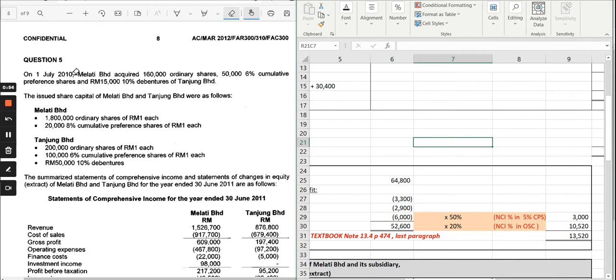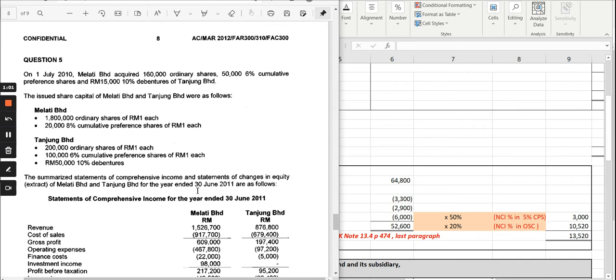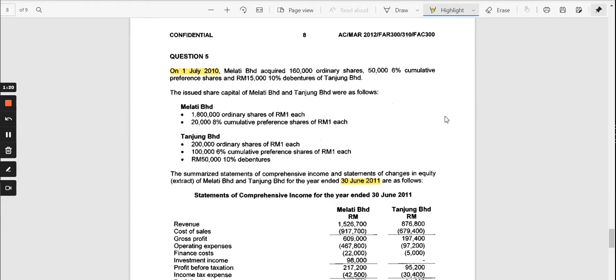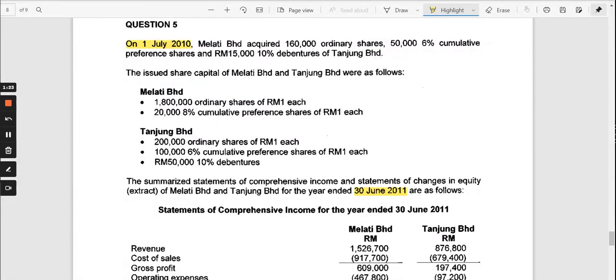So for today, we're going to look at the situation where the year end is, as you can see here, 30th of June 2011. And if you look at the first sentence, 1st of July 2010 is when the subsidiary was acquired. So it was acquired at the beginning of the current year.